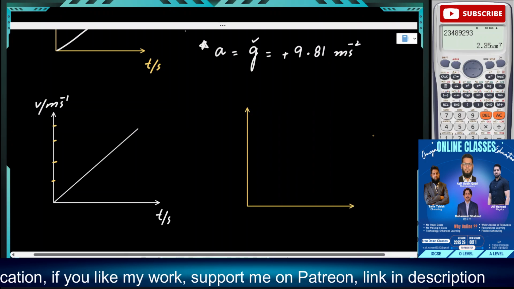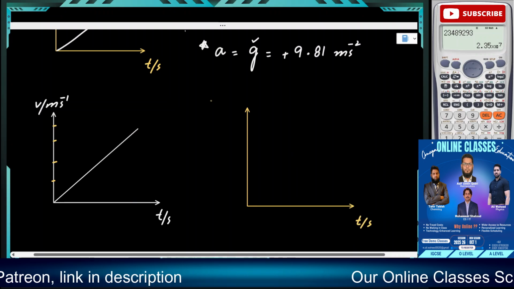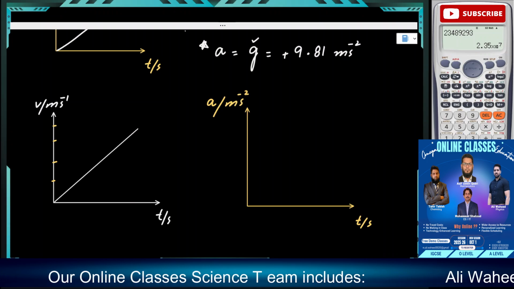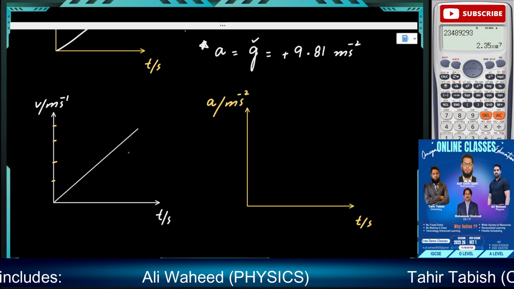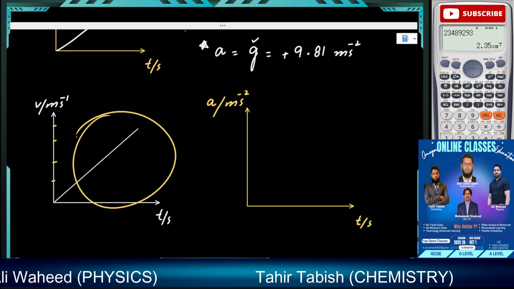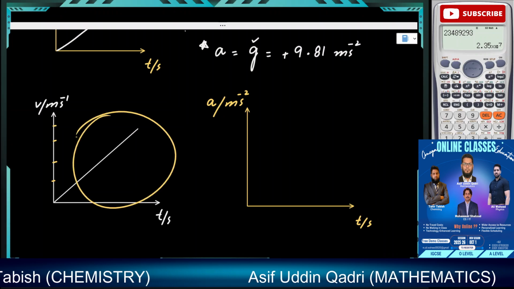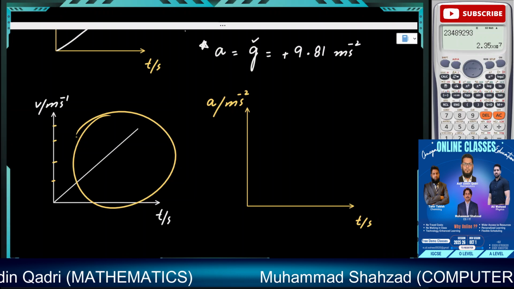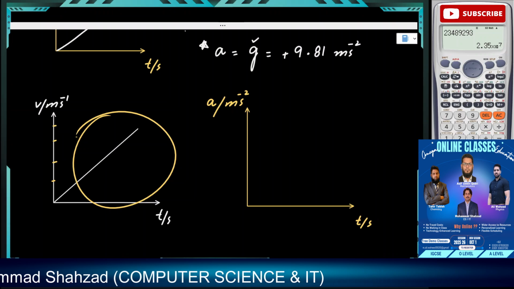All right, so this is a situation that we have time on x-axis, but this time I'm representing acceleration on y-axis. Now the question is, if we have the velocity time graph, how do we find the acceleration from the velocity time graph? Or what thing of the velocity time graph gives us the acceleration? Would you answer that?